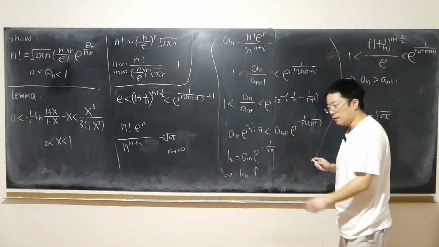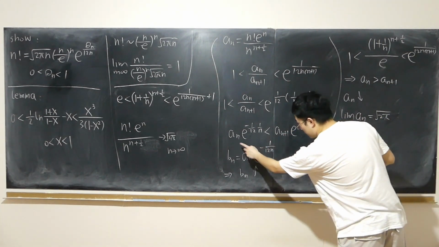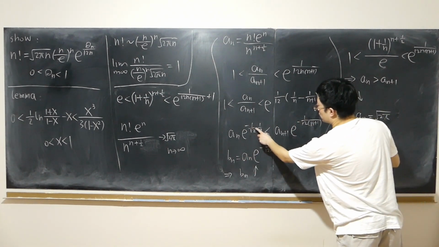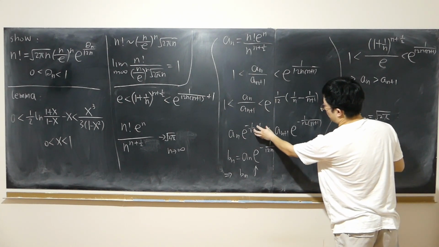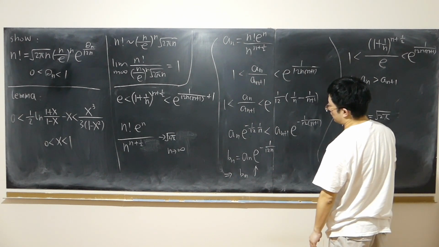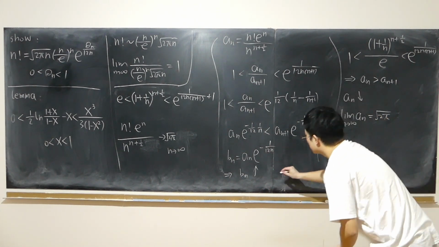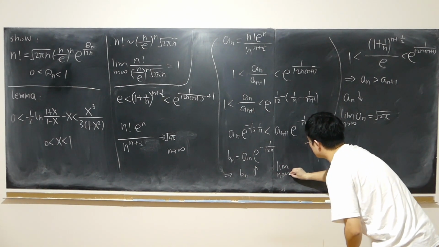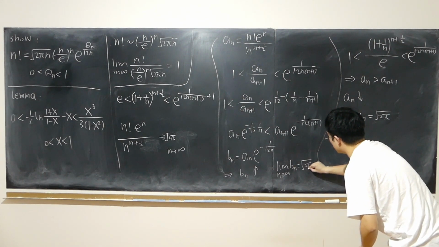So does bn have a limit? I think so, because an is proven to have a limit, and e to the power of negative 1 over 12 times n, as n approaches infinity, will tend toward e to the 0, that is 1. So it has the same limit as an, also the square root of 2 pi.